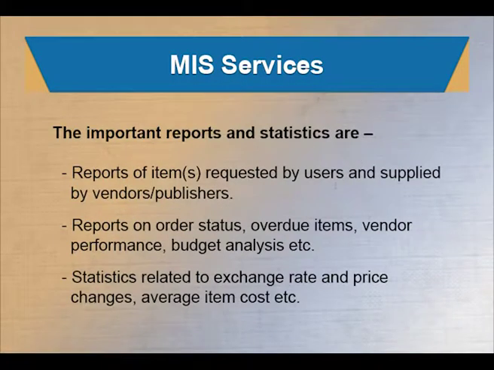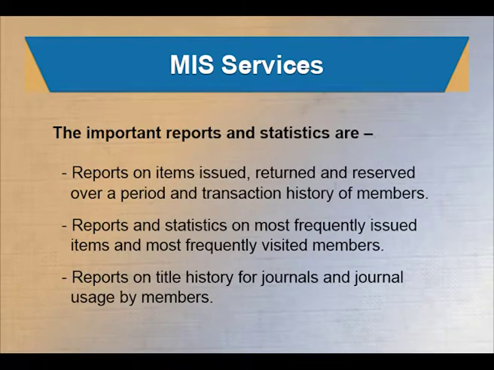Now, different kinds of reports and statistics can be generated, reports related to item, reports related to order, statistics related to borrower. Then the important reports and statistics may be the reports on item issued, returned and reserved over a period, report and statistics on most frequently issued item and most frequently visiting member.